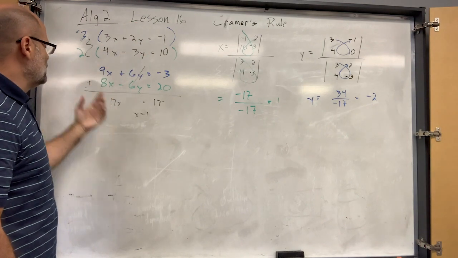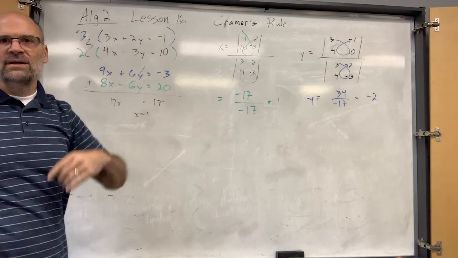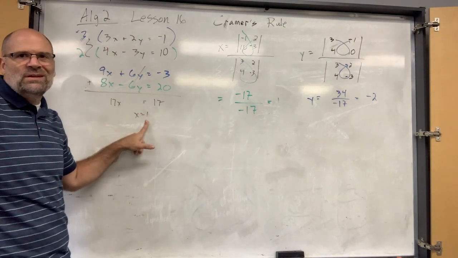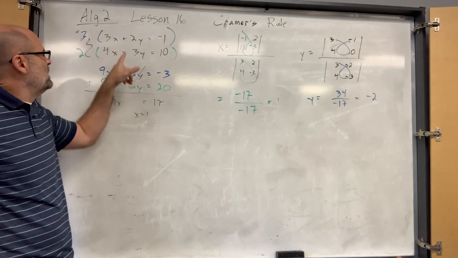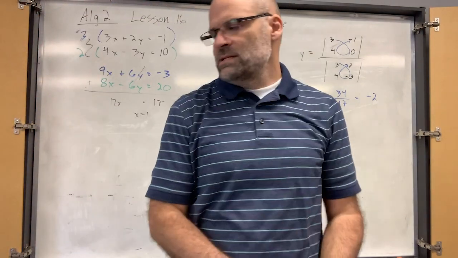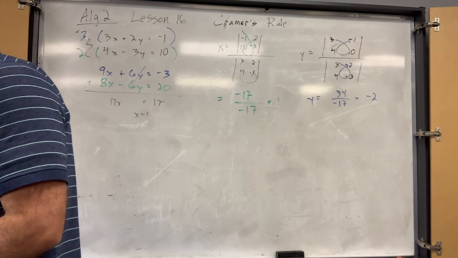And then you'll get the y, but then you have to plug that y in to get the x. So you're only half done when you get one of the variables. From here, just plug in 1 for x to find the y. Okay? So that's the elimination method. We'll talk about the elimination method in its own separate special chapter.